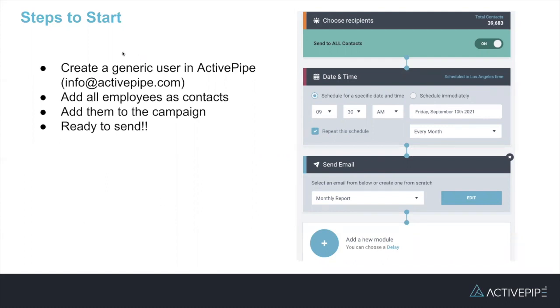If you have questions about this, or this is something that you do want to start ramping up and start utilizing ActivePipe for internal communication, reach out to your CSM if you're a little stumped. We're always here to help you. We always want to make sure that you are getting the most out of the tool.